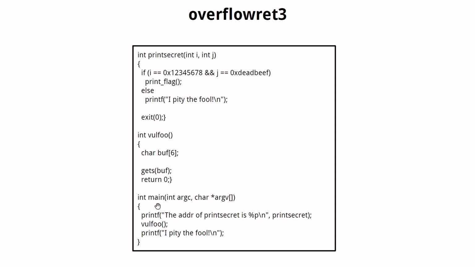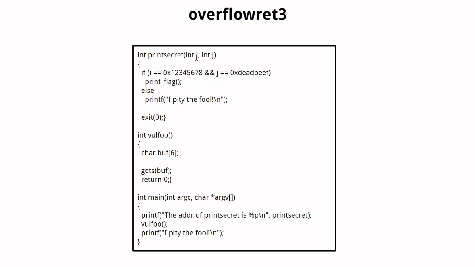So we have a main function. The main function prints out the print secret function's address, and there is a function foo. Foo has a buffer overflow. There is a buffer. There is a gets. Gets gets input from stdin. Our goal is to return to the beginning of print secret in the 64-bit.